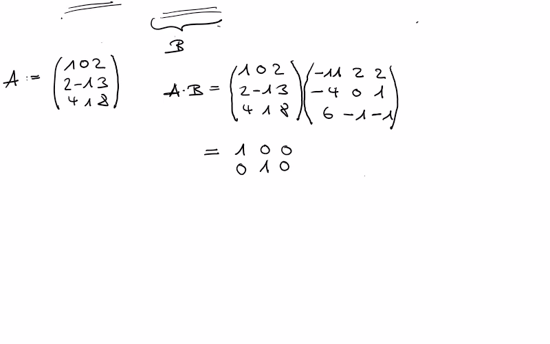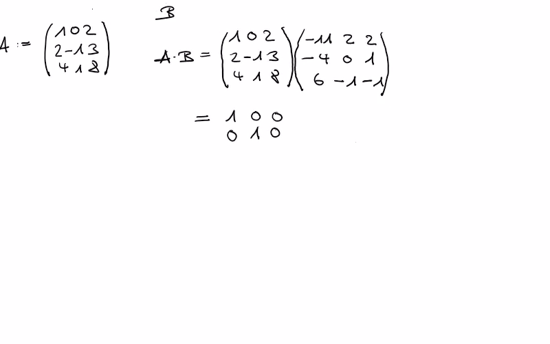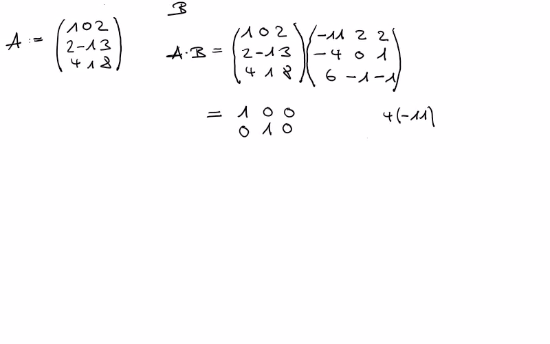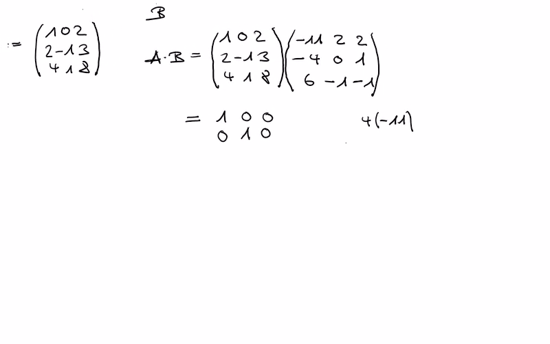Now in the last row, these numbers get a little bit too large for my brain, so I have to write them down. So 4 times minus 11, that's minus 44. Plus 1 times minus 4, so that's minus 48, sorry. So that's minus 44, minus 4, that's minus 48.